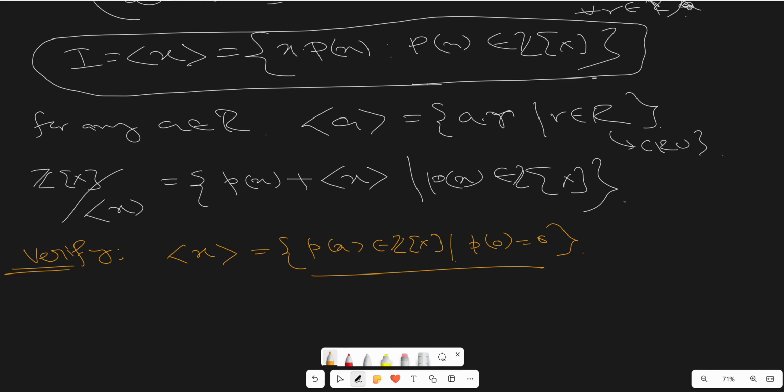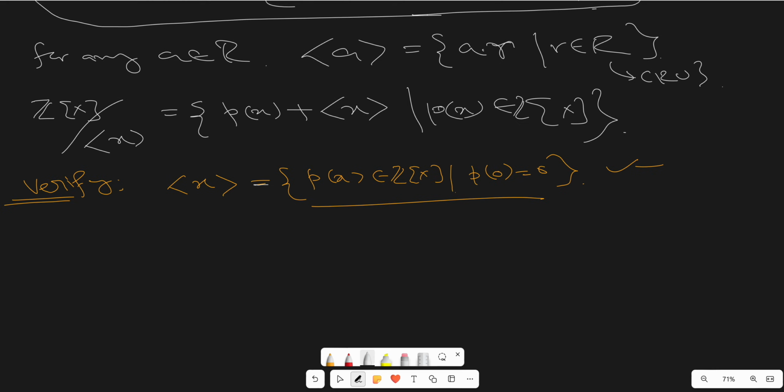Verify this as homework. Then you have to check whether this ideal generated by x is prime or maximal.